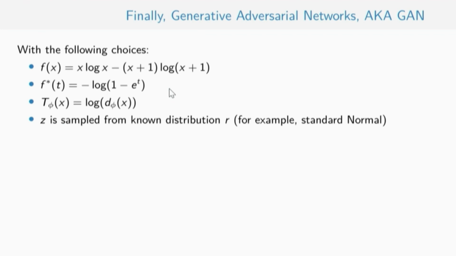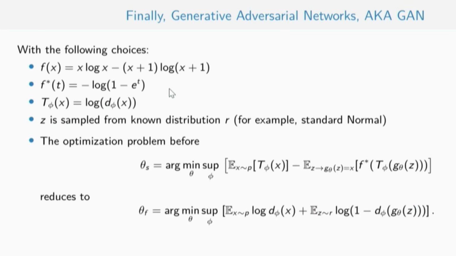Let us make one more assumption for the operator T phi to be of the form log of D phi x. With these choices, we have all three ingredients. Z is usually reserved for samples coming from a standard normal. This is a standard notation. Just by looking at Z, you know it must be a standard normal, it is used so frequently.